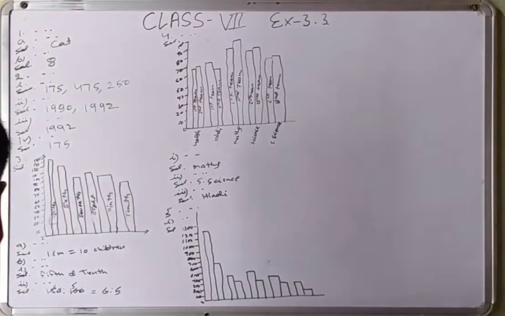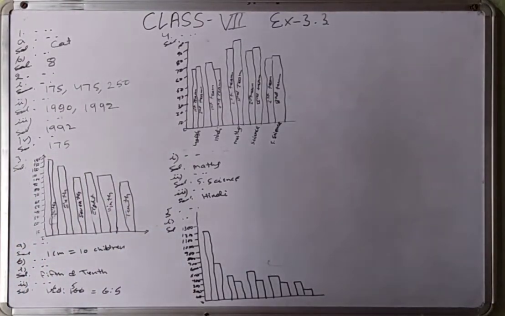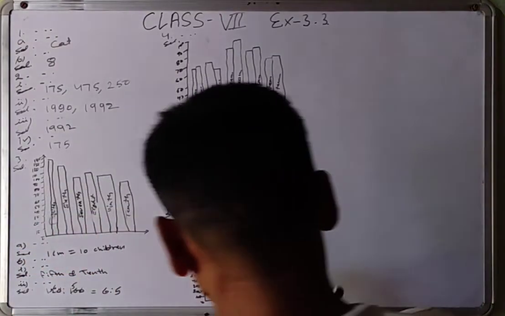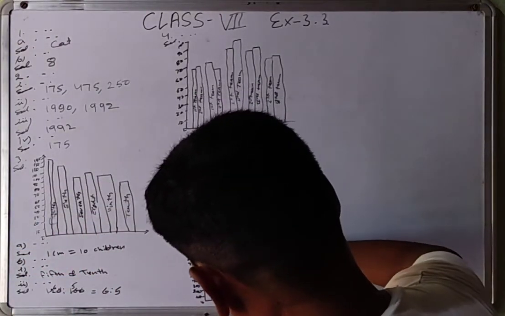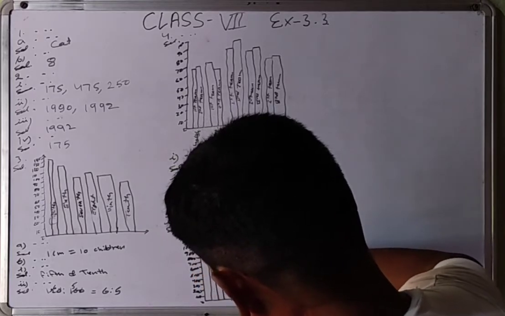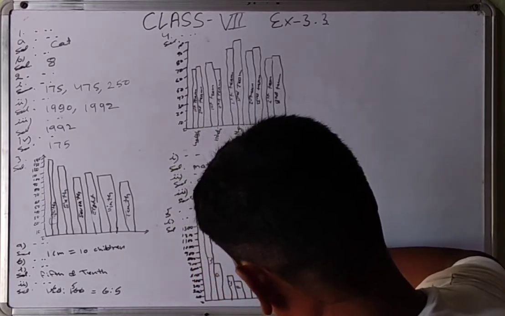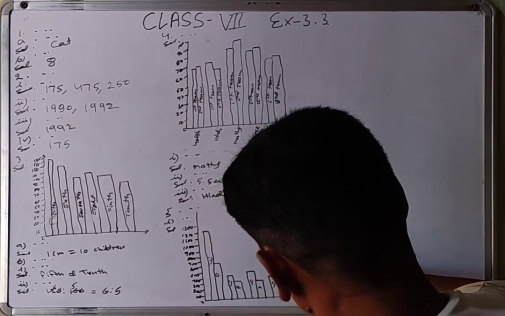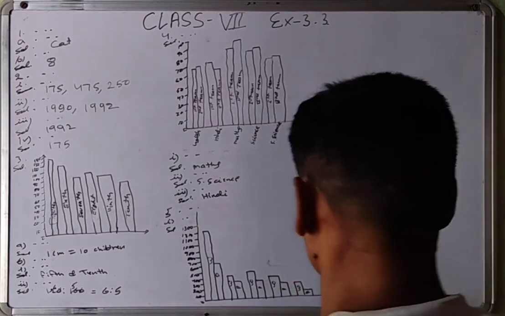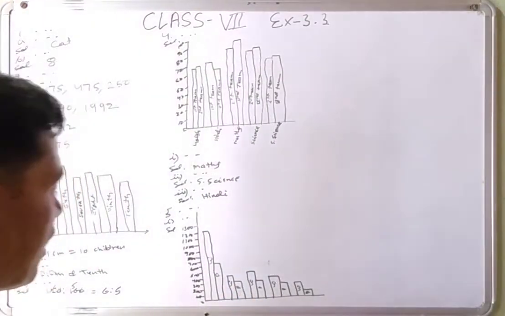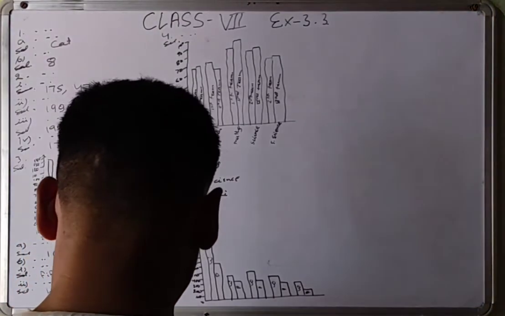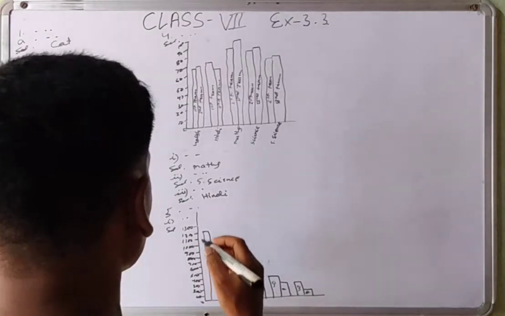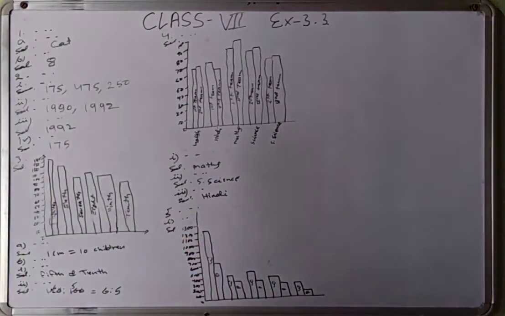And then you will write the labels also: watching, participating, watching, participating. Okay, I have written the first letter of each, and you will write these things also.